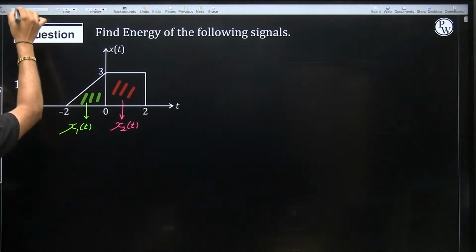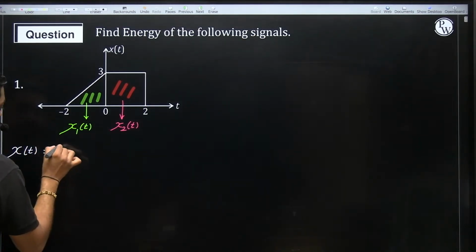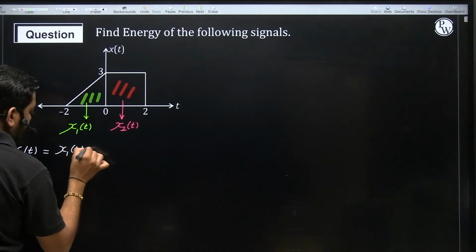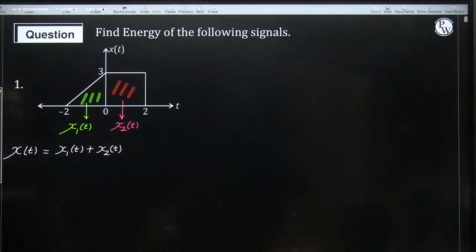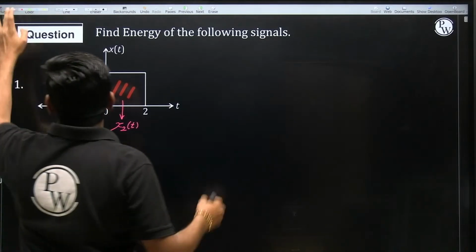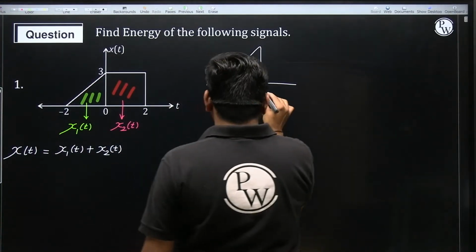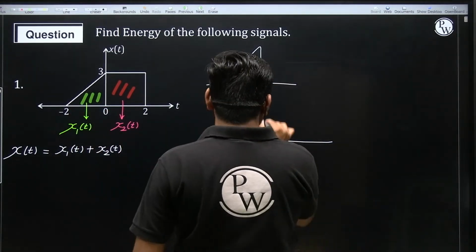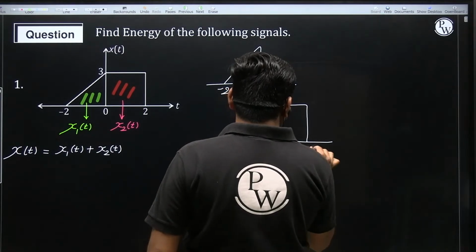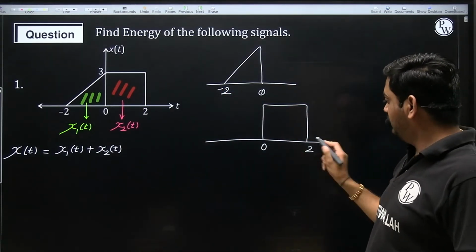So can we say x of t is nothing but x1 of t plus x2 of t? What will be the common area between the triangle and the rectangle? This triangle is present between -2 and 0, and this rectangle is present between 0 and 2.